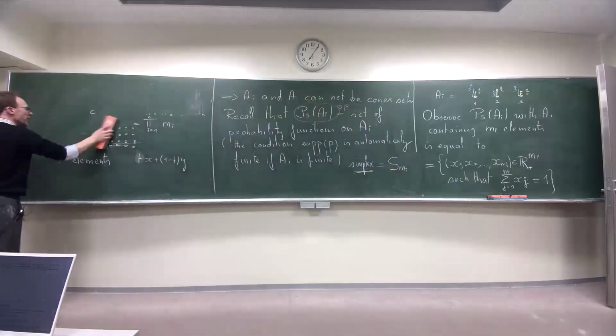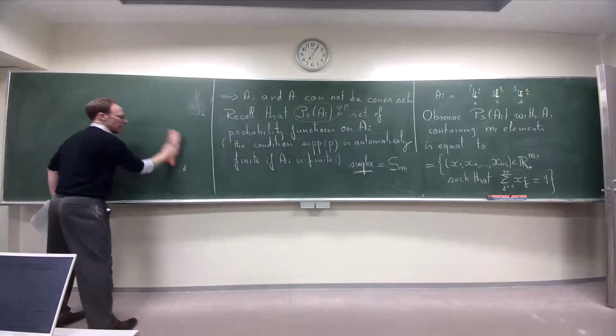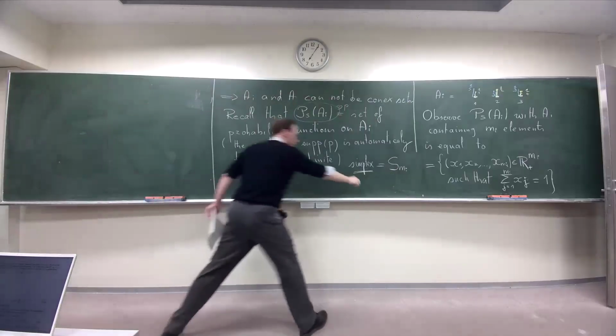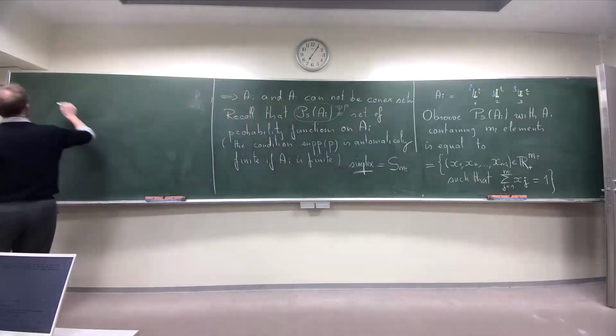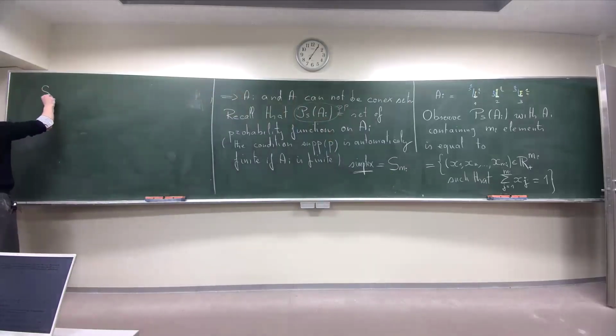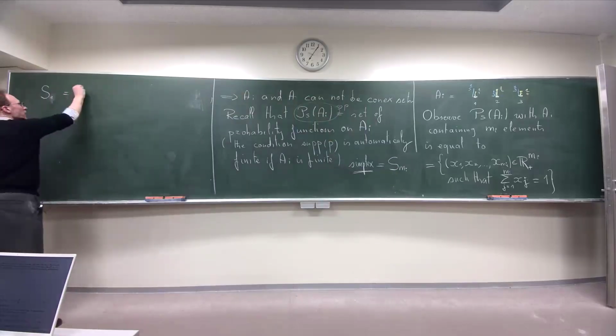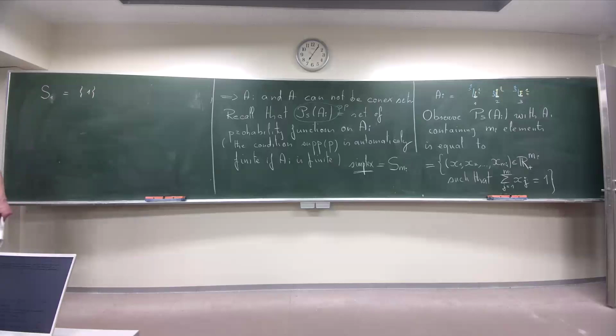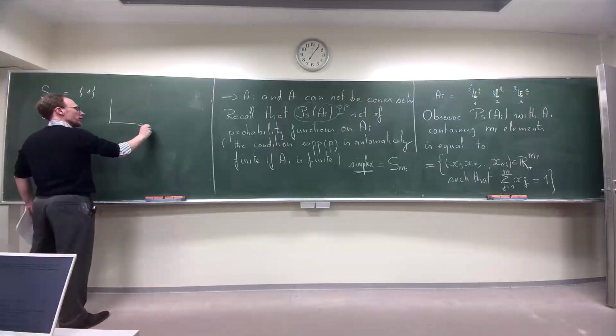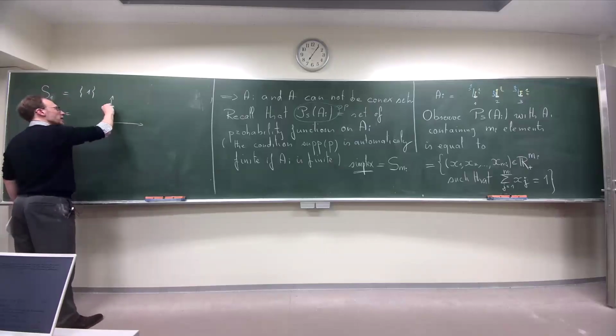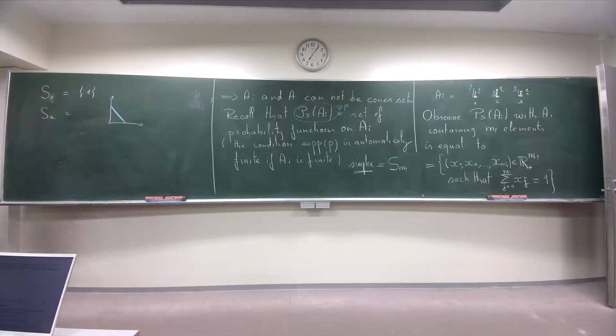If we have only one element in the set, how do you describe the first one, S1? S1 is just the value 1, because you have only a function on one point which has to sum up to 1. That's it. S2, you can represent it like this: you have first direction, second direction, and this is the set of all points which sum up to 1.